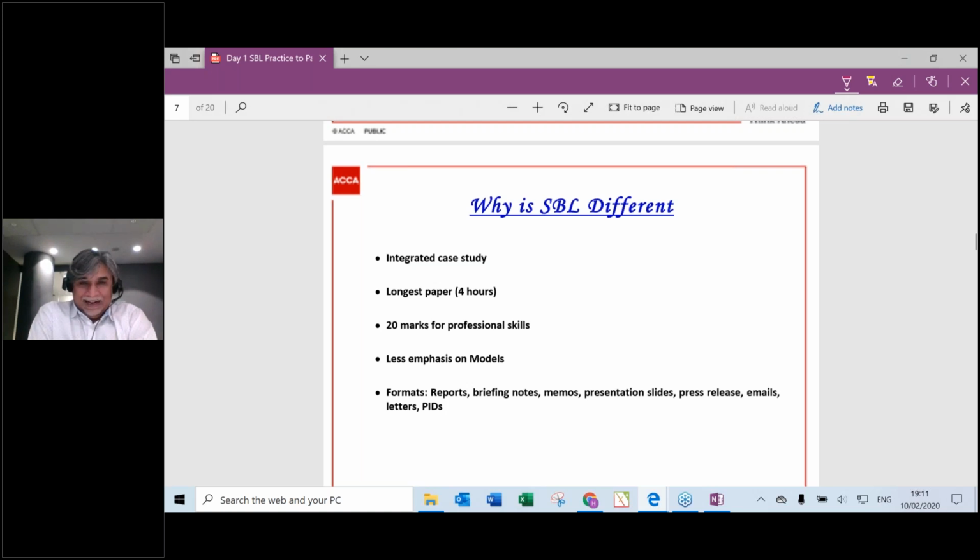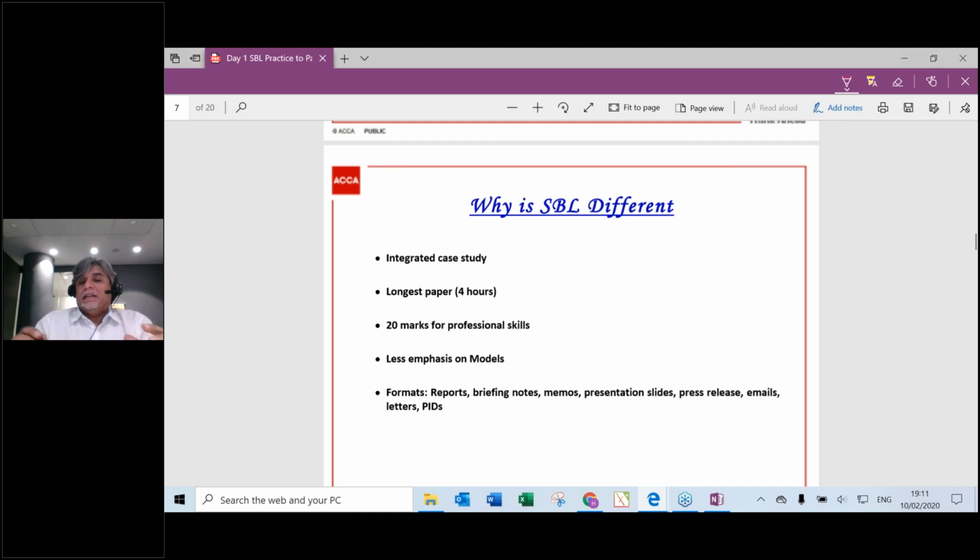Right. A little bit about SBL. Most of you, if you are repeat students, would definitely know. But I would just give you a different perspective about SBL. Why is SBL different from all the other ACCA papers you have given so far?